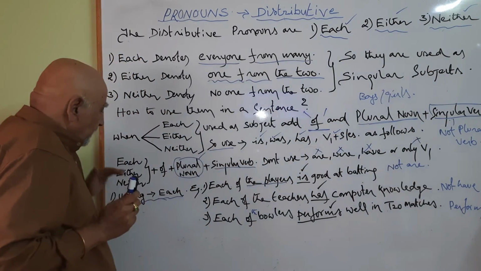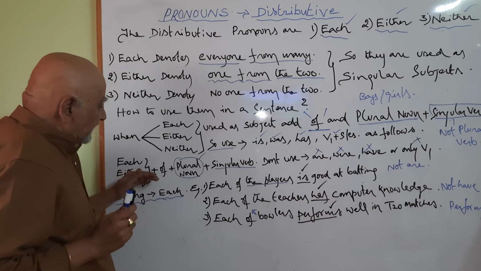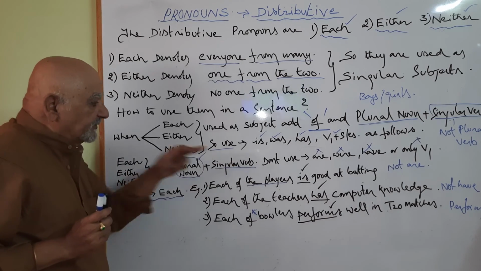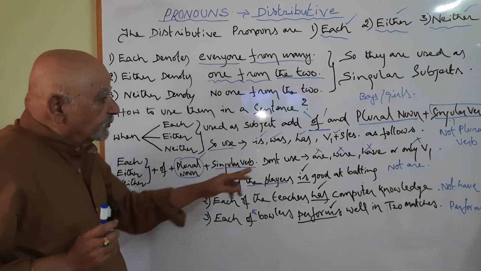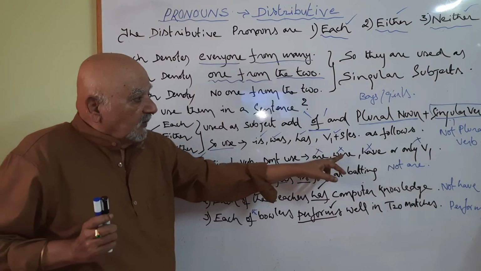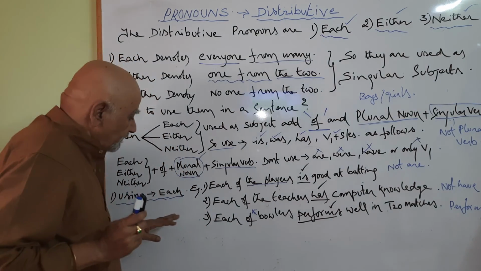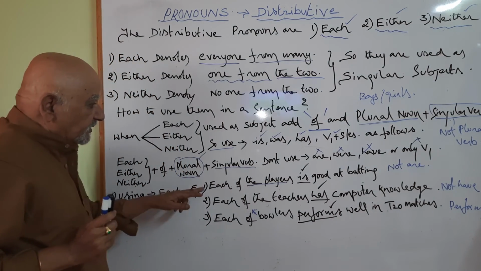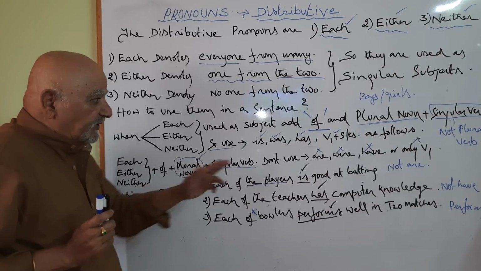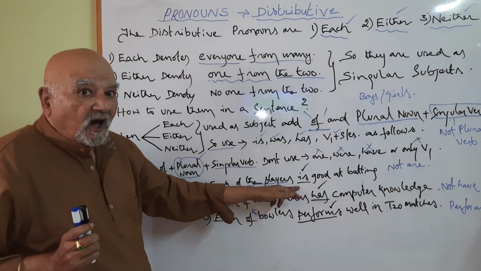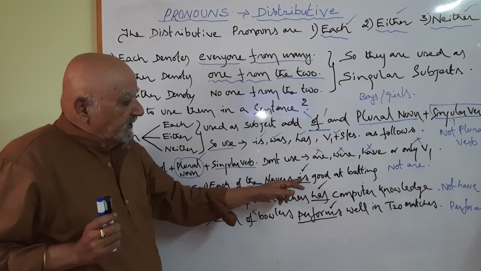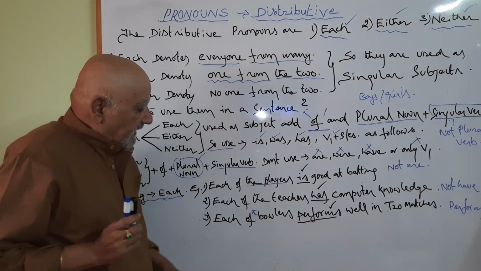Example, each, either, neither plus of plus plural noun plus singular verb. Don't use are, have, only V1. Now examples, each of the players is, not are. Each of the players is good at batting.